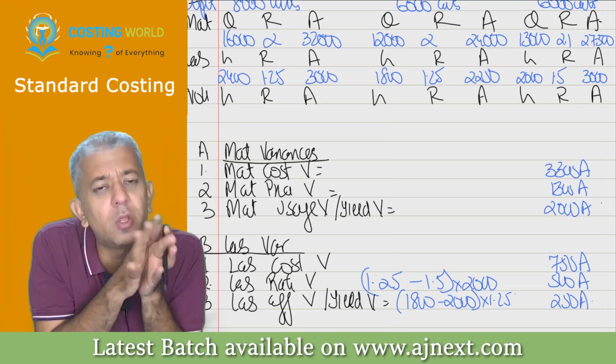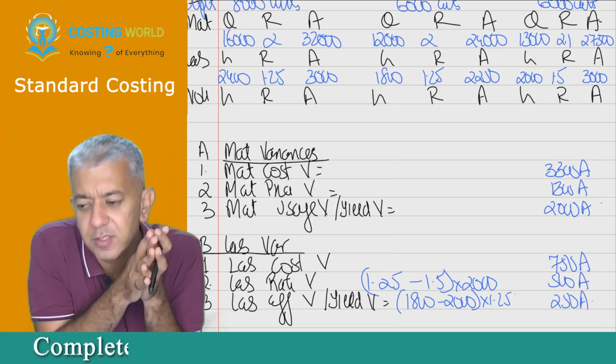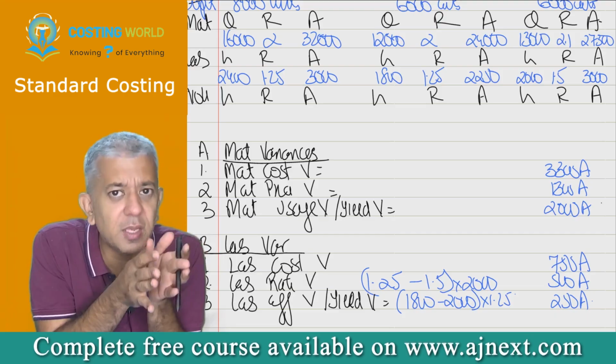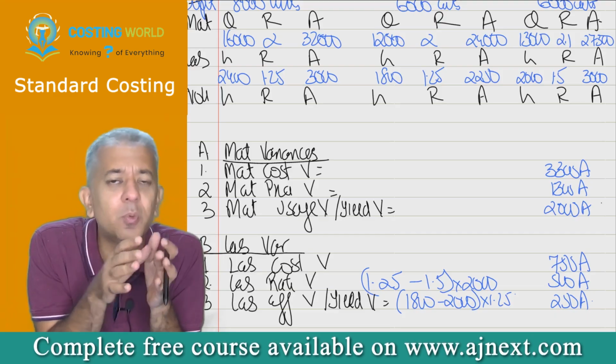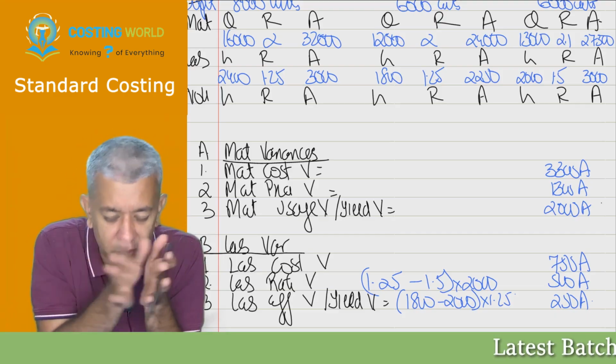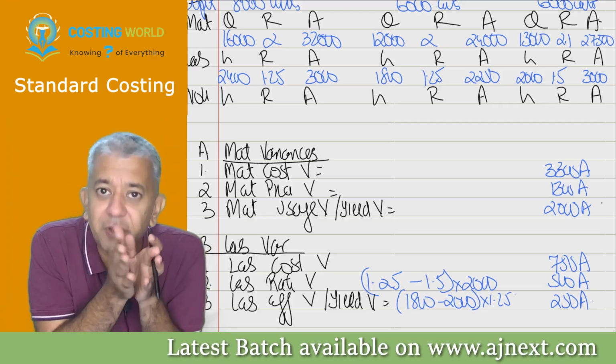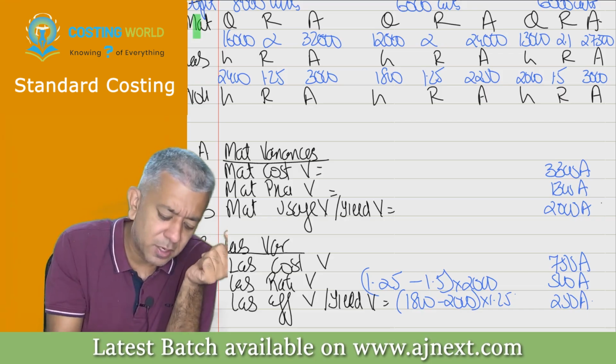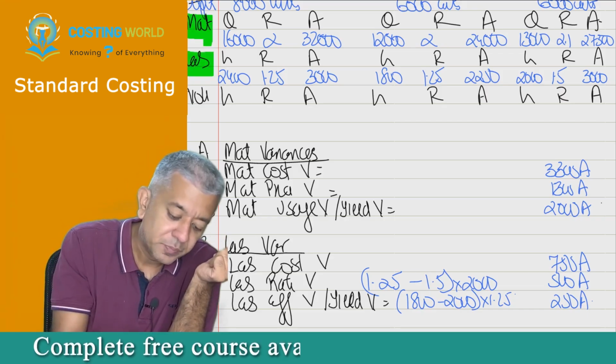So all your overheads will be your factory overheads. But in factory overheads also, there are two kinds: variable and fixed. For the timing, I am doing variable overheads, not fixed overheads. Now, variable overheads means variable factory overheads. They are slightly similar to material and labor. Why?